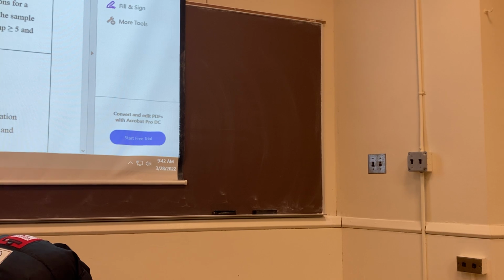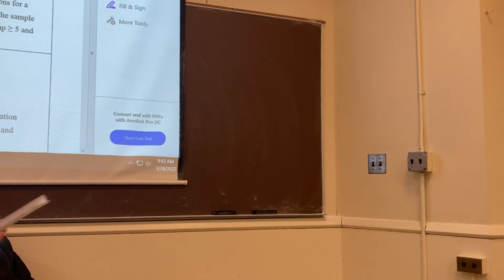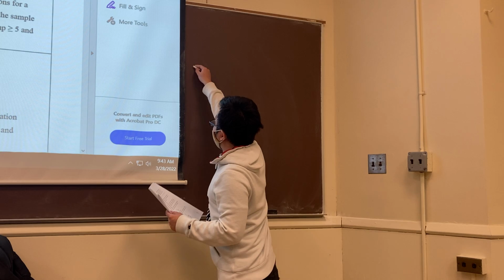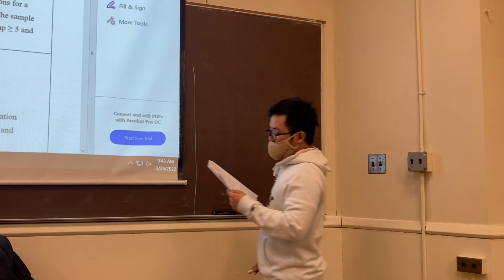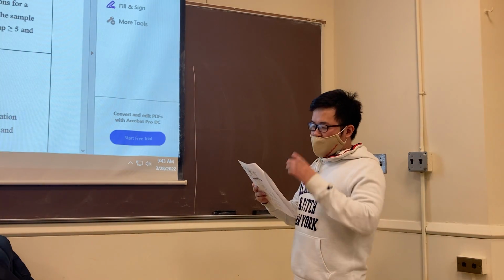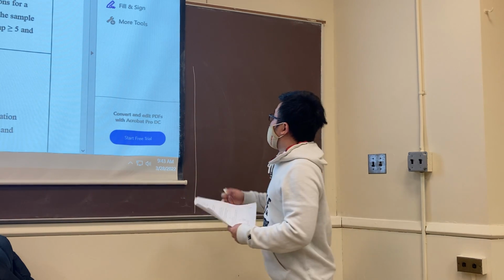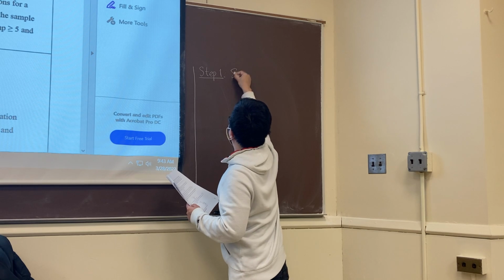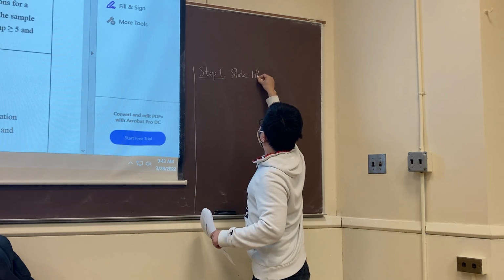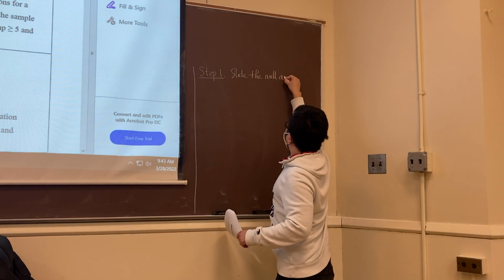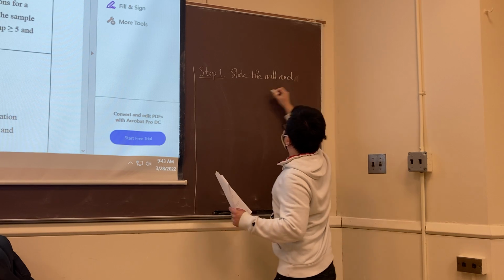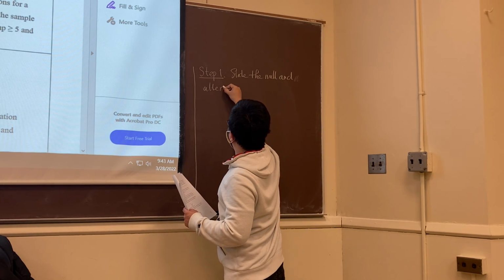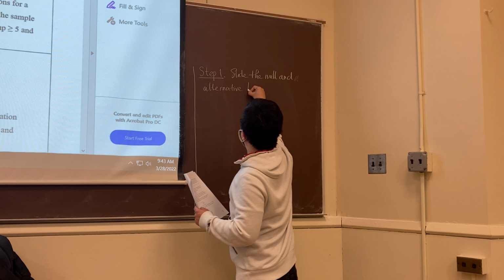Okay. So I look at example 1. So I will do some steps of the hypothesis testing. Okay, the first step when we do the hypothesis testing is to state the null and alternative hypothesis.